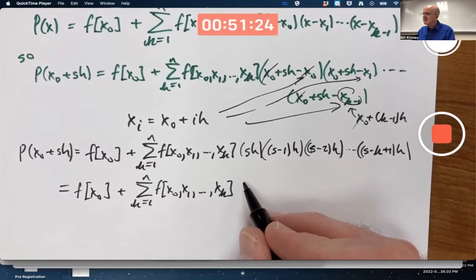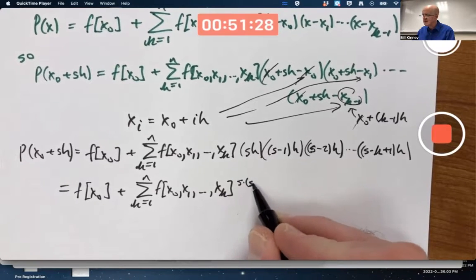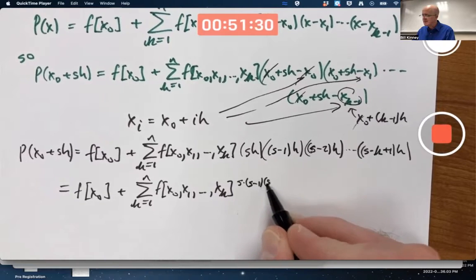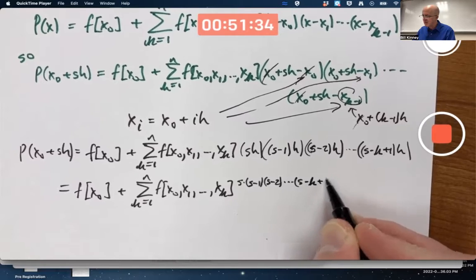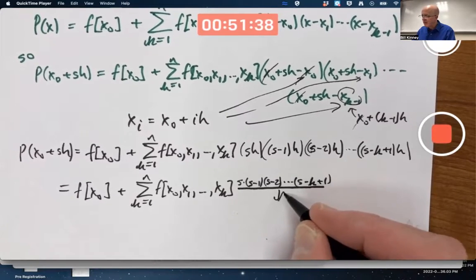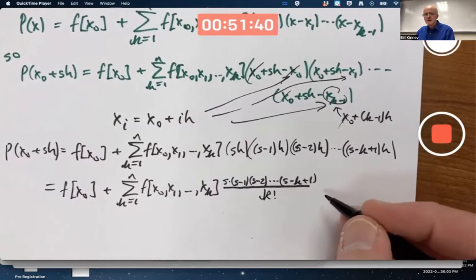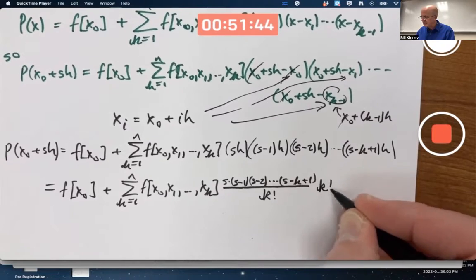In fact, if we do a little trick, we could write it as s times s minus 1 times s minus 2, etc., through s minus k plus 1. And let's divide that by k factorial. Of course, I can't do that willy-nilly. I have to compensate by multiplying by k factorial as well.